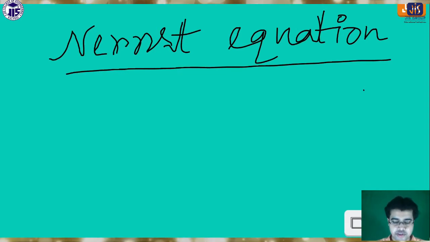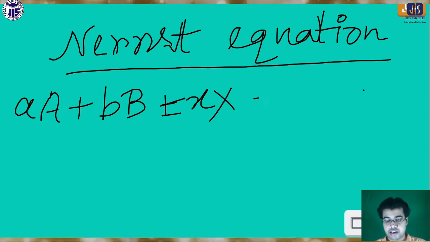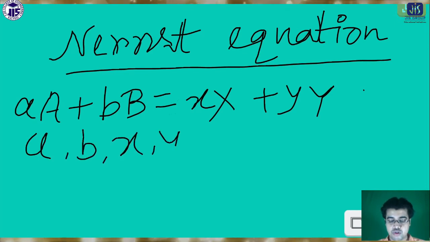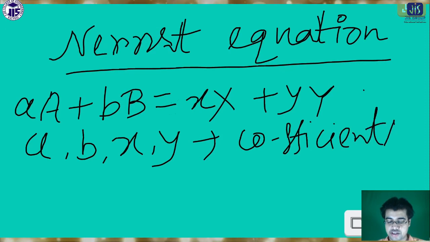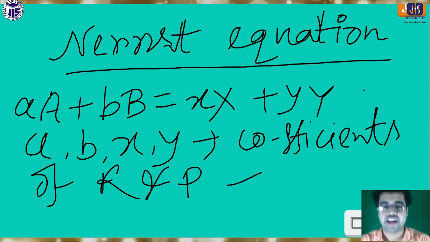Any arbitrary reaction, where A, B, X, Y are the species, and small a, small b, small x, small y are the coefficients of reactants and products respectively. Okay, so there is no problem.